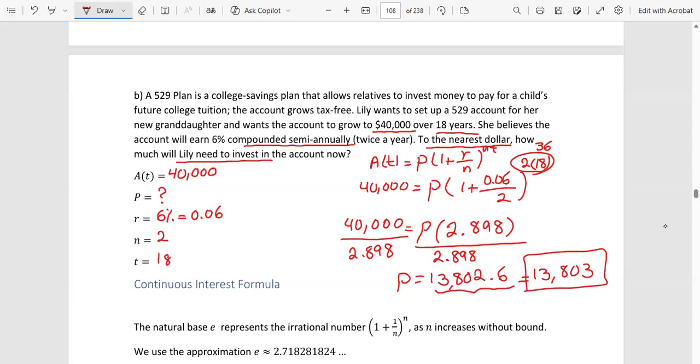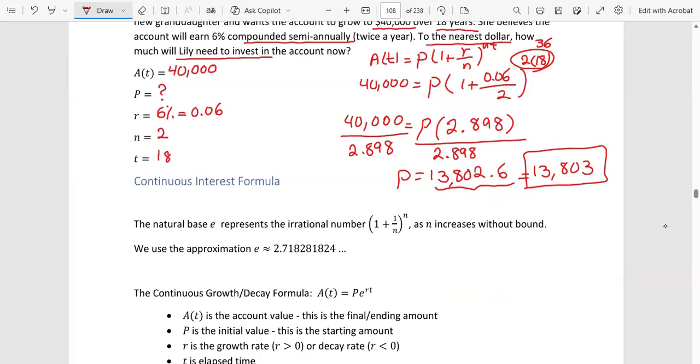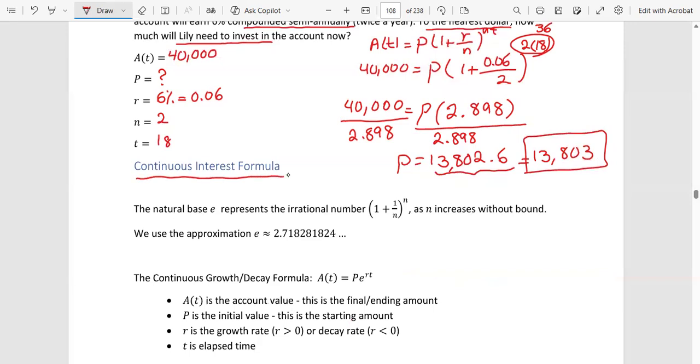There is another formula also, which is called the continuous interest formula. Continuous interest formula means that compounding occurs continuously, many times. That means the number of compounding periods is going to infinity. It's not once a year or twice a year or 12 times a year. It's going all the way to infinity, getting bigger and bigger.